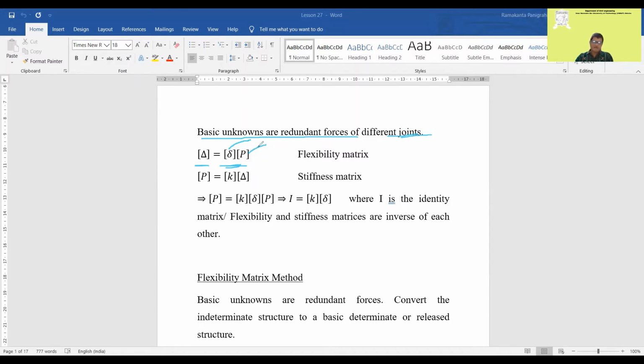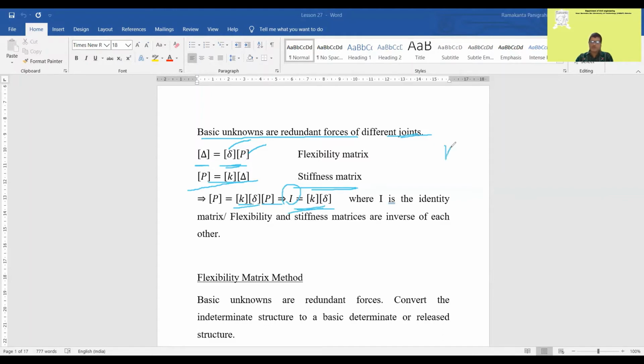Now what is P? I have already found in the stiffness method that P is equal to K delta. If you put K delta here, you will find K into delta, and that becomes an identity matrix.